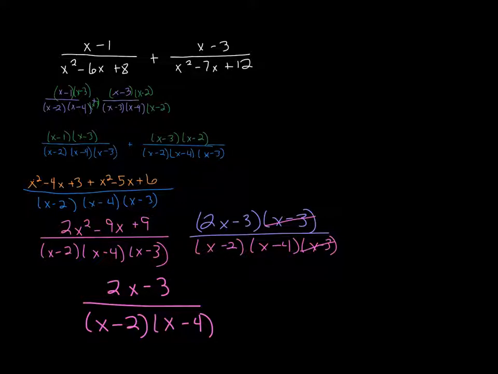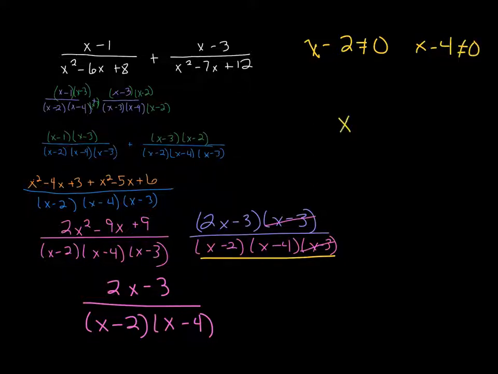Now I just need to go back and find our excluded values. Remember, you have to look at all the denominators before you cross stuff out. All of that has to be considered. So x minus 2 cannot equal 0. X minus 4 cannot equal 0. And x minus 3 cannot equal 0.